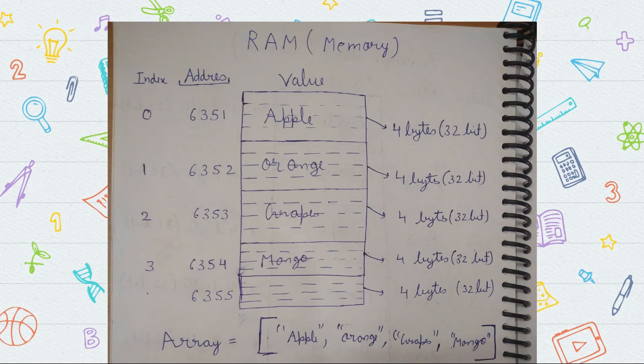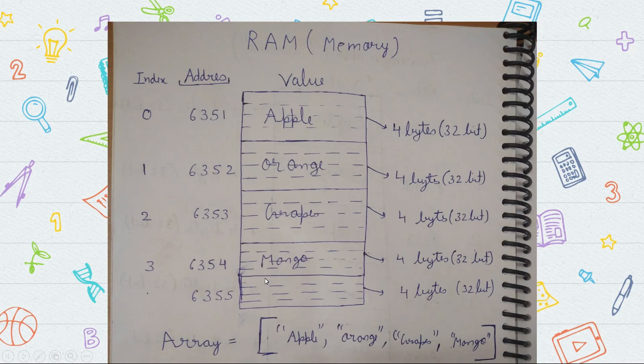You can see that apple, orange, grapes and mango are located in memory at continuous addresses. Apple has address 6351, orange has address 6352, grapes has address 6353 and mango has 6354.